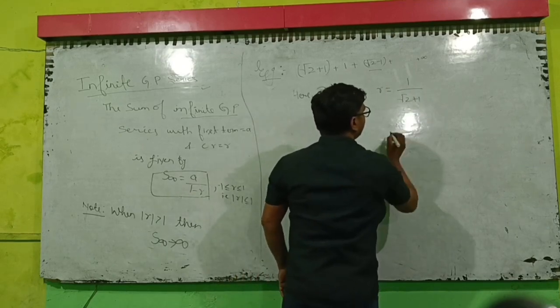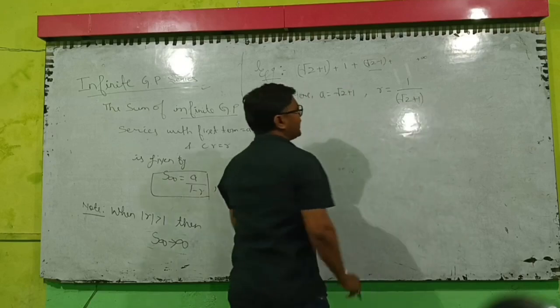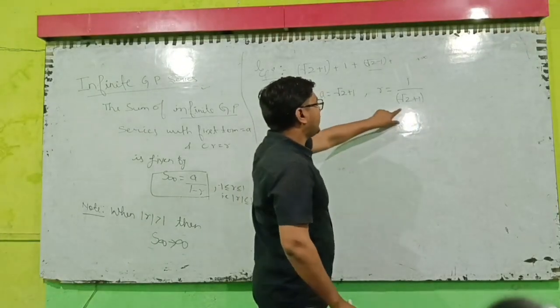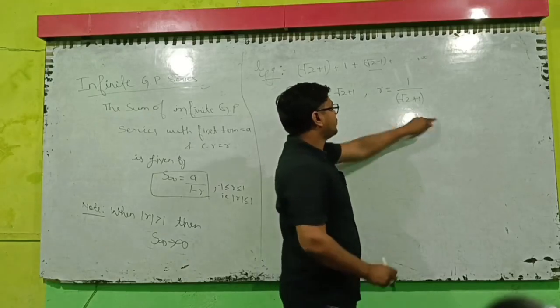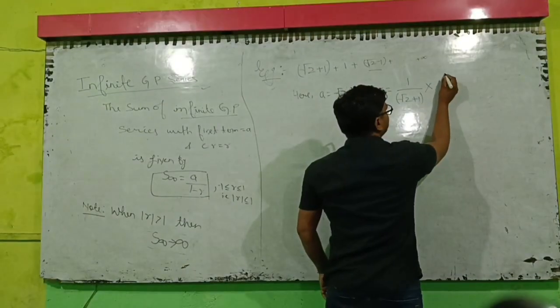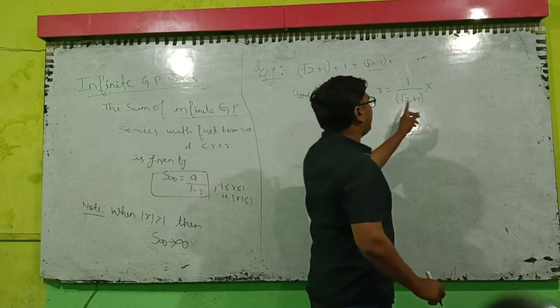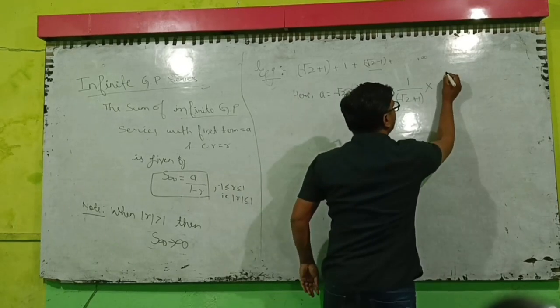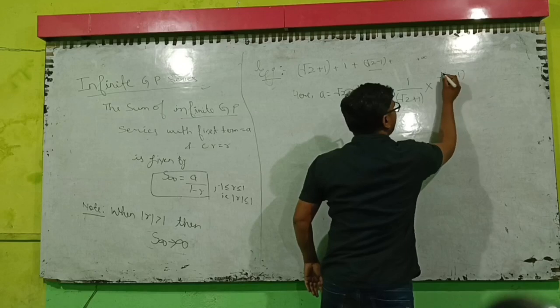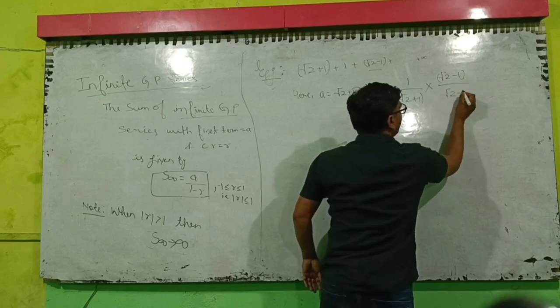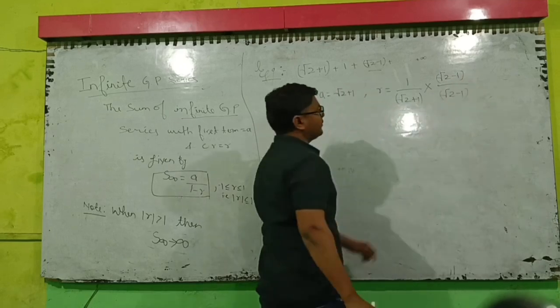Here we see that the denominator contains an irrational value, so we have to rationalize by multiplying the numerator and denominator by the conjugate of root 2 plus 1.